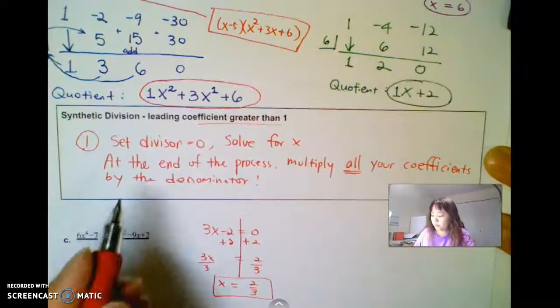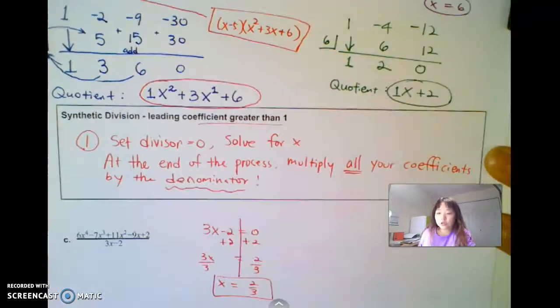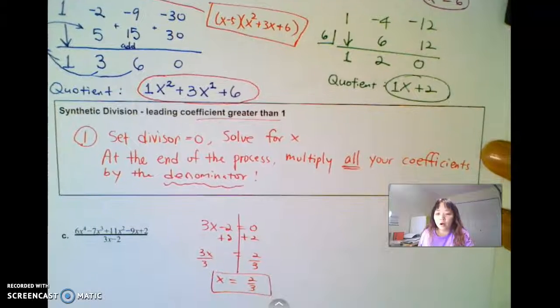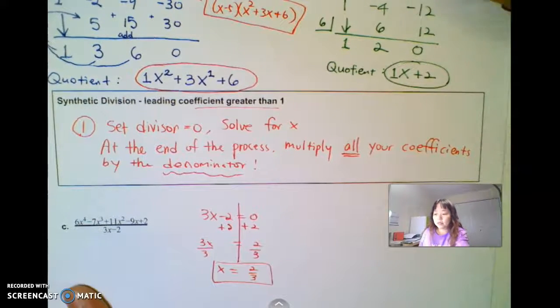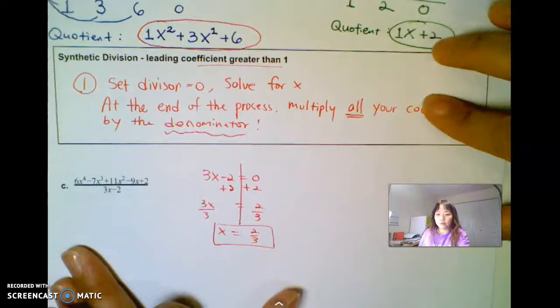Okay, super duper important part. So once you're all done, we're gonna divide all your coefficients by the denominator. So what do you mean by that? Let me show you exactly how it looks.